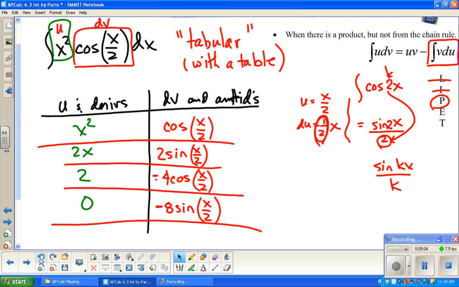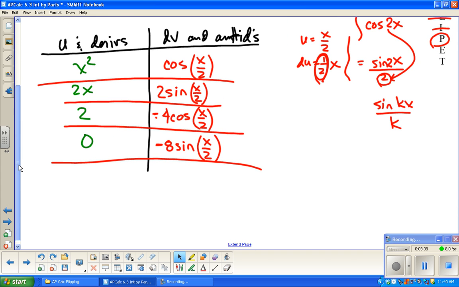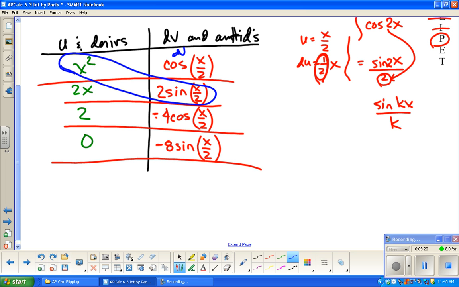And I know this doesn't seem like it, but it is. Okay, so what happens is, remember the first part of the parts formula is uv. Well, this is u, and this is my first v, because this guy was dv. So what we're going to do is write x squared times 2 sine x over 2. And then what you do is you alternate signs.